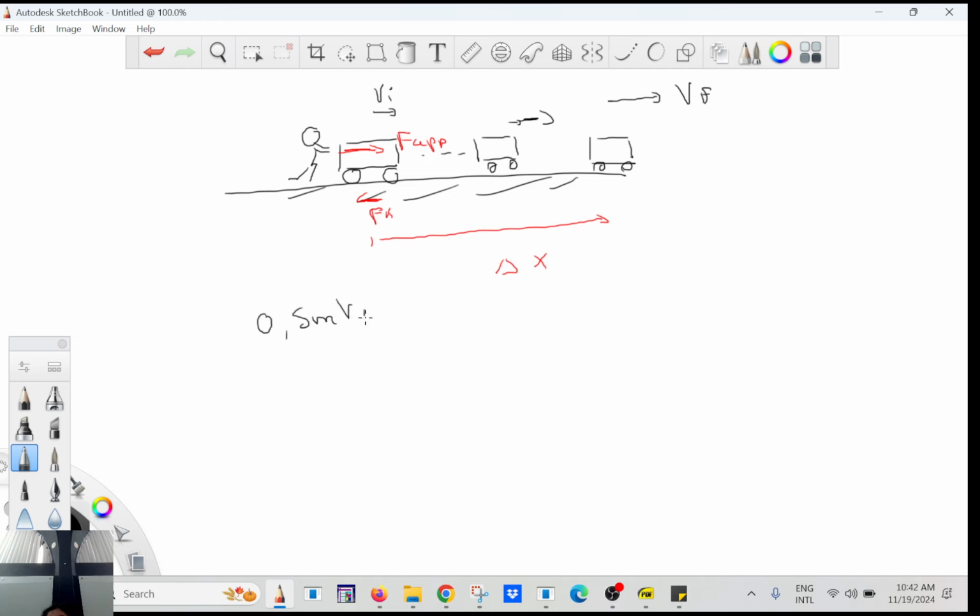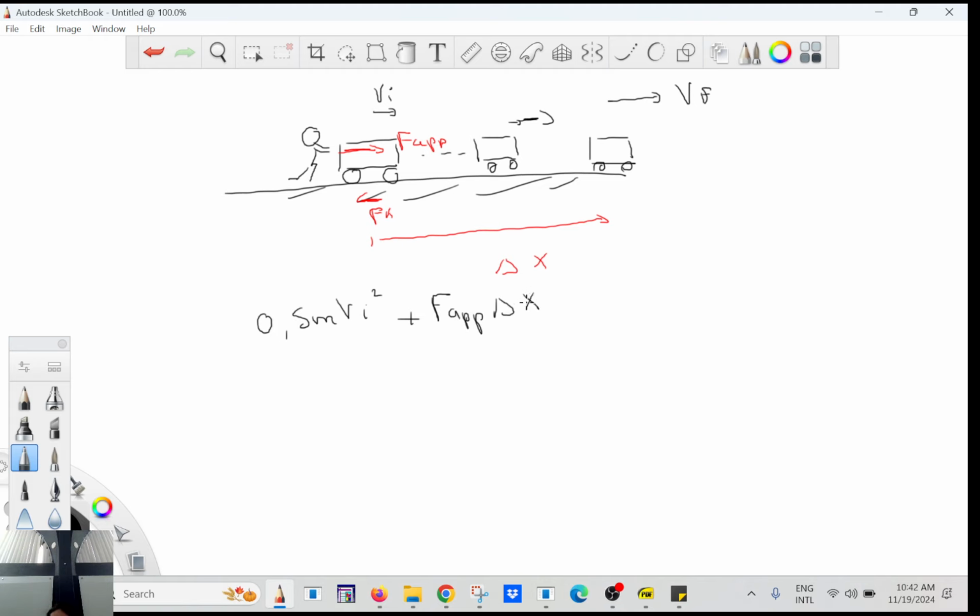Now, if you happen to be on a slope, remember I have test number 3 in mind. If you are on the slope, then potential energy is involved. But not in that case. Plus energy that you add to the system, which will be the force applied times the distance.